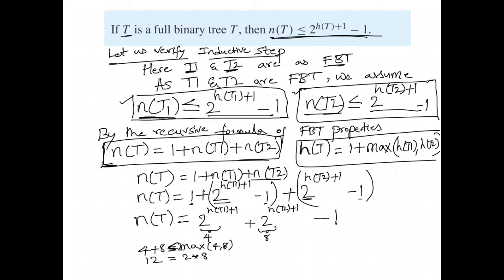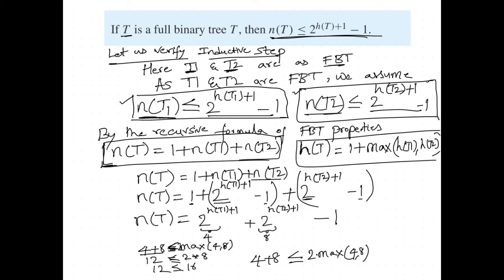Next, 2 into 8 is 16. So 16 is always greater than or equal to 12. So what does it mean? 4 plus 8 is always less than or equal to 2 times max of 4 comma 8.